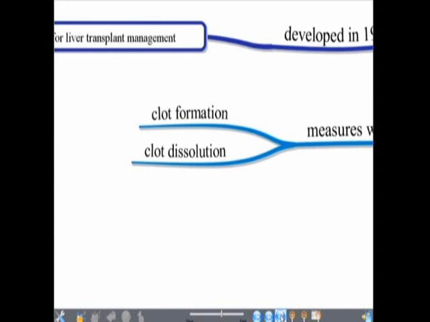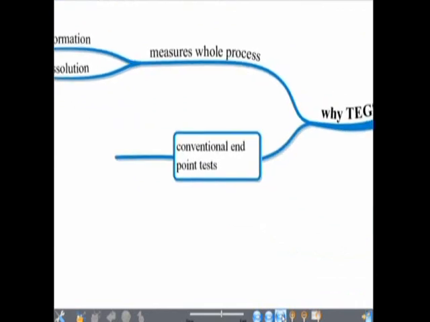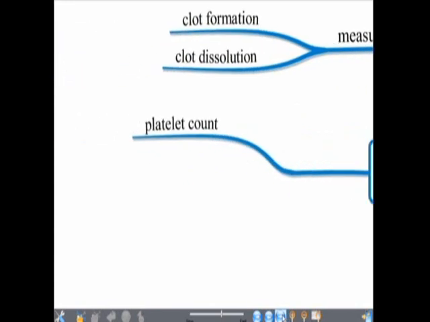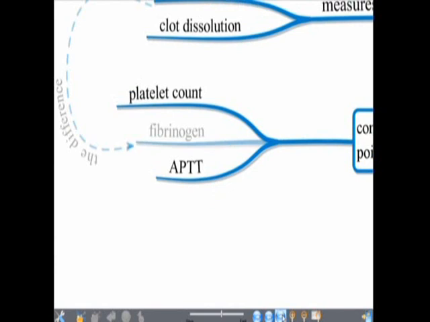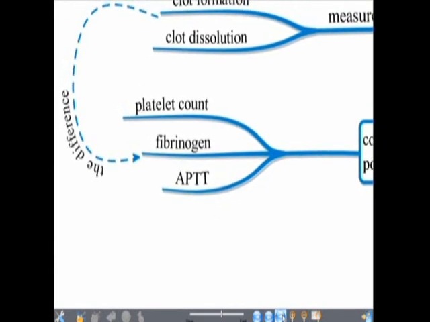So you get an idea of your patient's actual coagulation status, not just the rate at which the blood is clotting, which is an inaccurate rate because the blood has been tampered with anyway. Like I said, this is comparing to conventional point tests, like platelet counts and APTTs and fibrinogen counts. I was just trying to highlight the difference there.